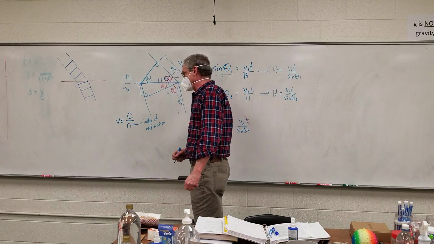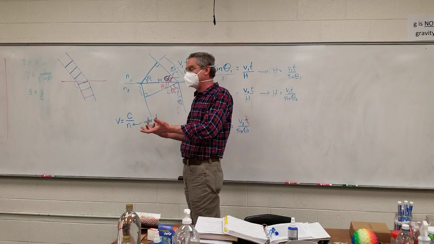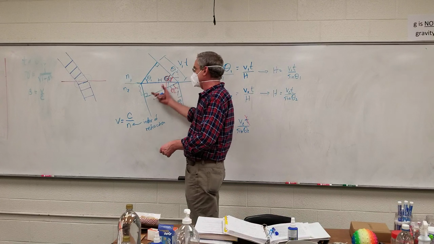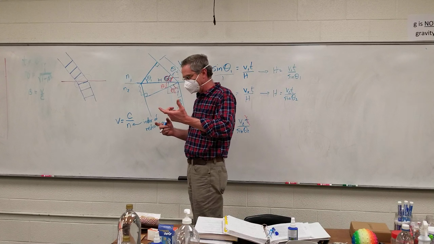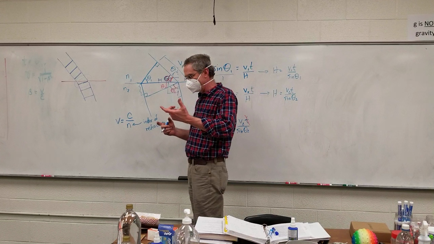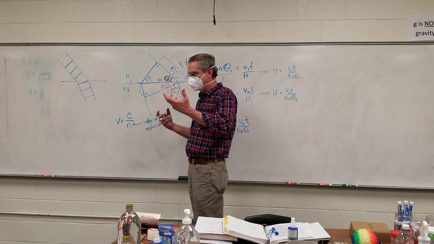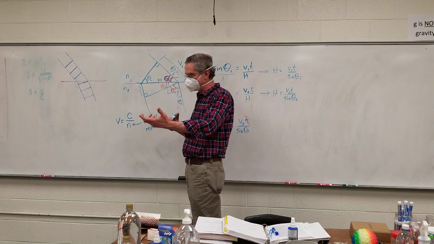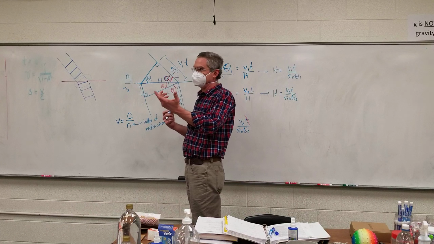What is n? n is called the index of refraction, and it can be found experimentally. There's a great deal of it that can be derived, if I'm recalling the E&M from grad school, but it's usually found experimentally.